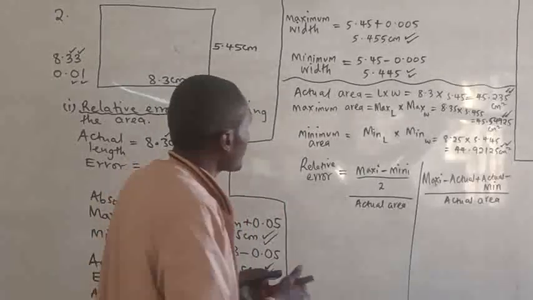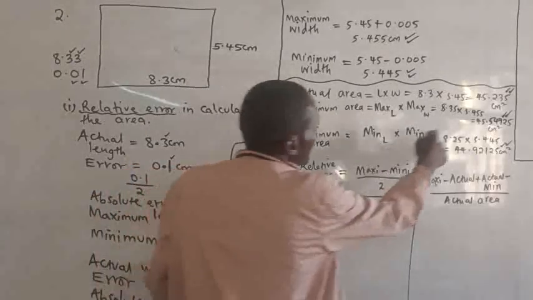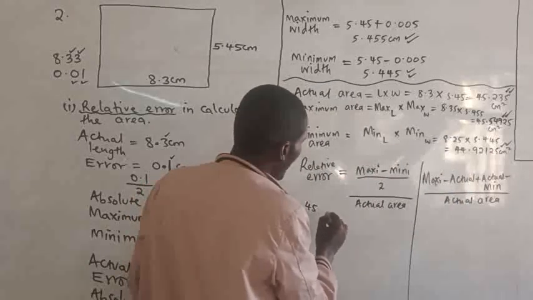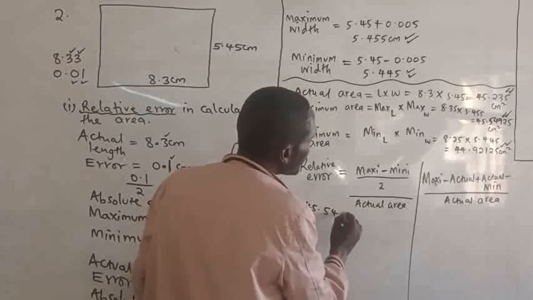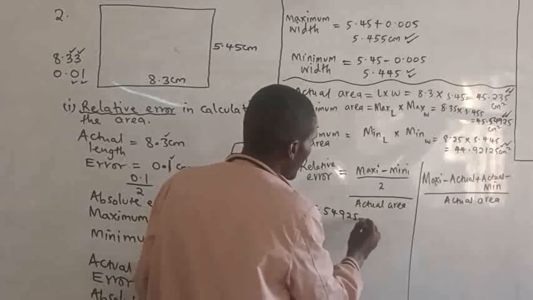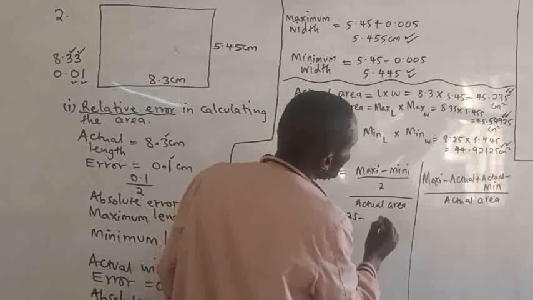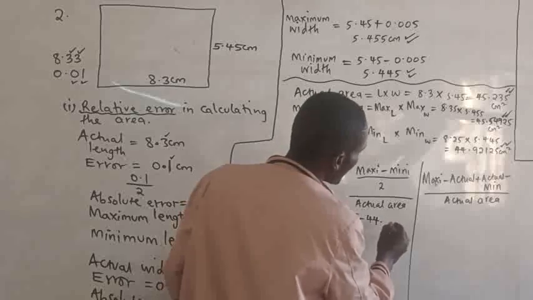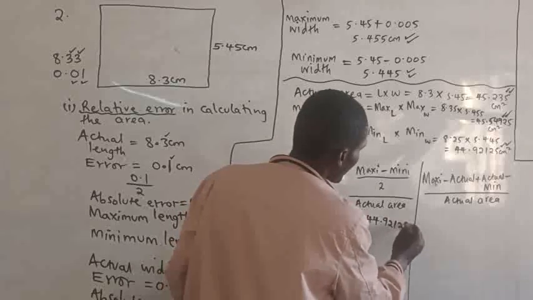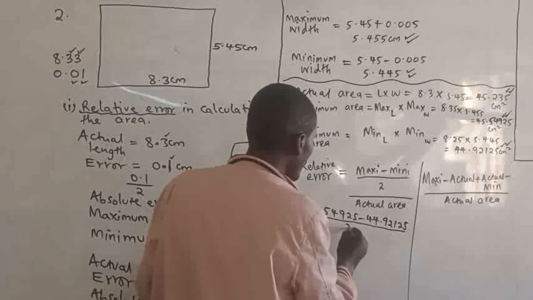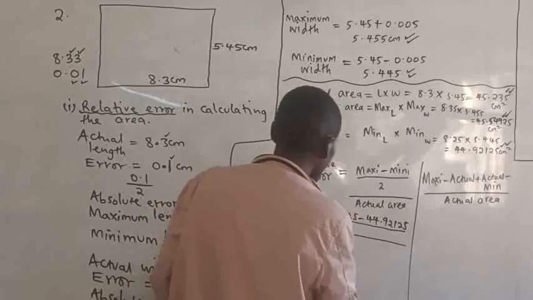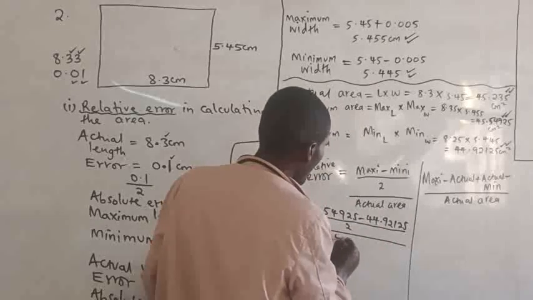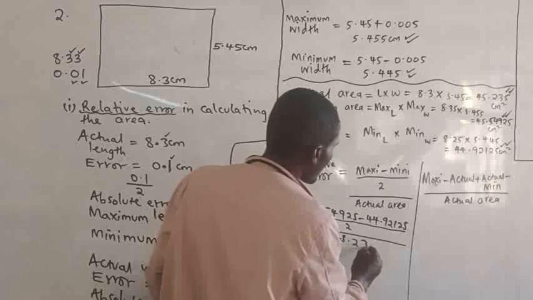Let's see. Now, our maximum area is 45.54925 minus the minimum area, 44.92125. I divide this by 2, then I divide everything by the actual area, which is 45.235.